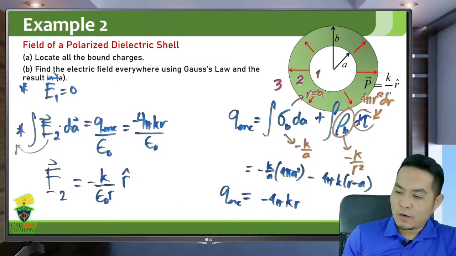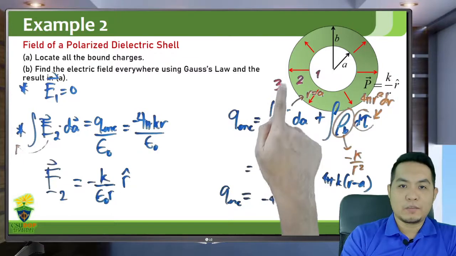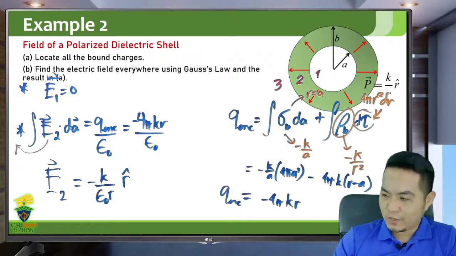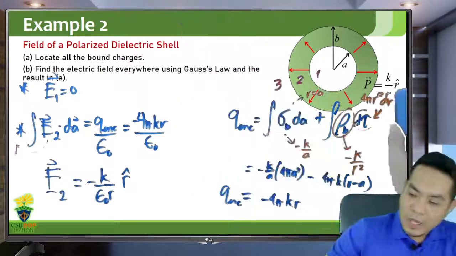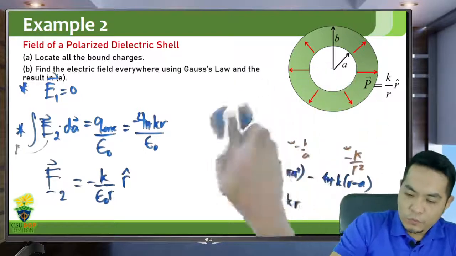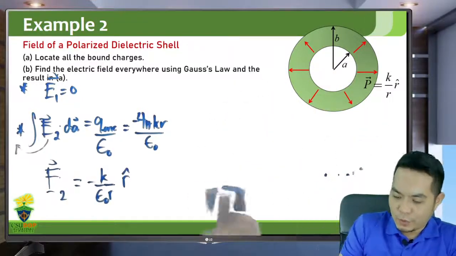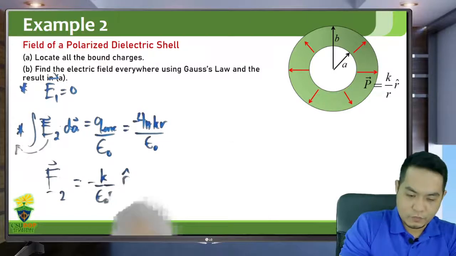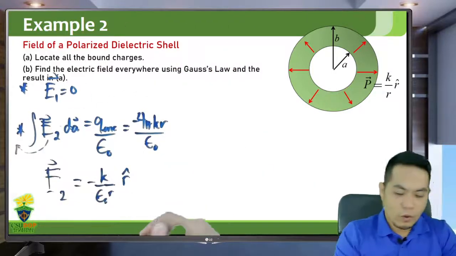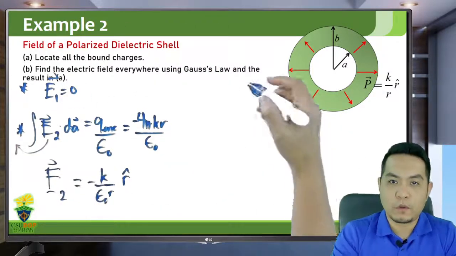Now, for the third region, the region outside of this sphere, you will actually need to solve for the total charge enclosed by all surfaces and the whole volume.